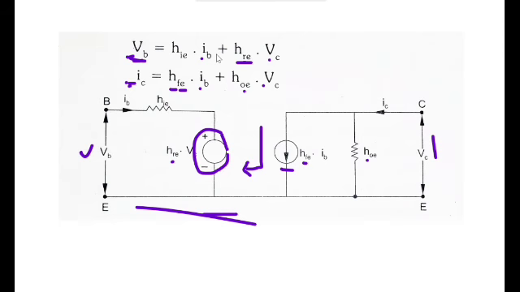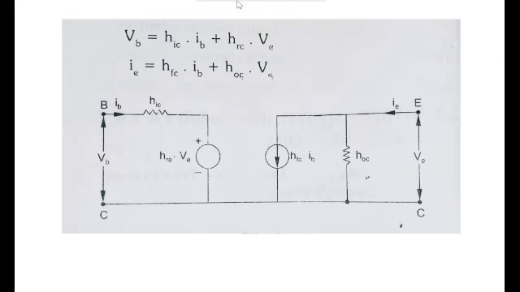Let us move to the common collector configuration. In the common collector configuration the input V1 is VB, given between base and collector, and the output voltage is VE, given by the common terminal collector and emitter. In the first equation, VB is equal to HIC, the input impedance in collector configuration, into the input current IB, plus HRC into VE.